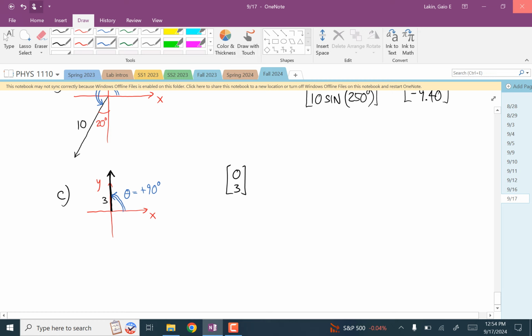Okay. I know this is getting long, but there's one more thing I have to tell you about, and then we'll talk about how to do calculations with vectors. The last thing is, in math, you probably never really used any coordinate systems that were not oriented like this.